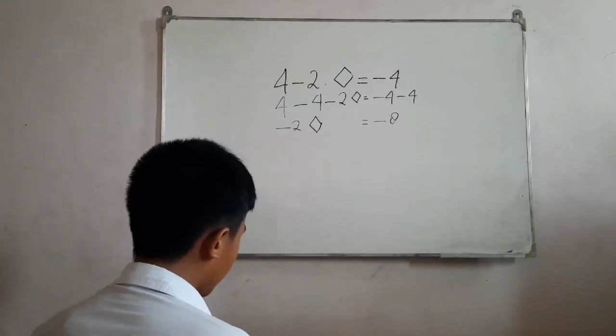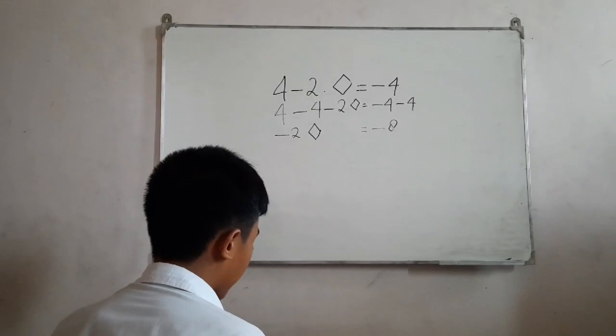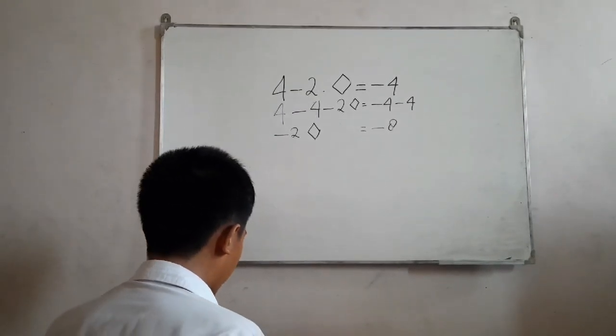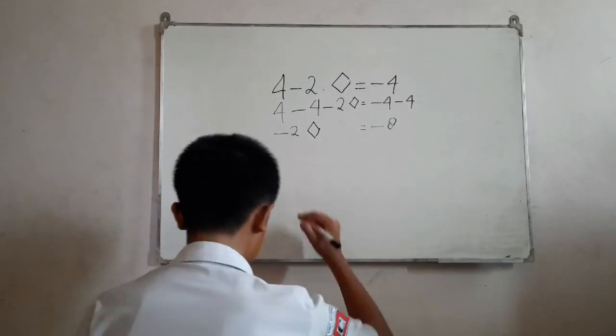From here we divide both sides by 2 and we get -rhombus is equal to -4.